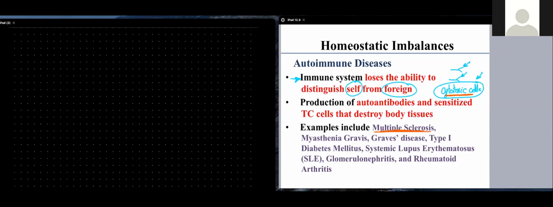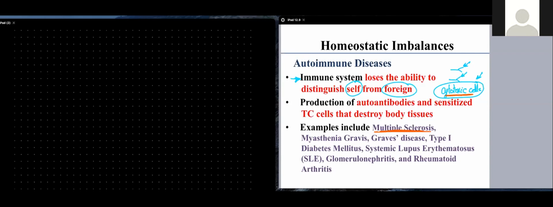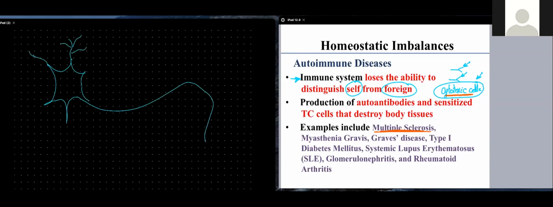multiple sclerosis. If you remember, what was multiple sclerosis? If you remember the structure of a nerve cell, it did have a cell body like this, with short tapering processes. Those are my dendrites.